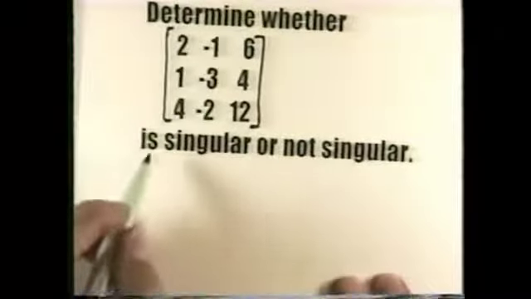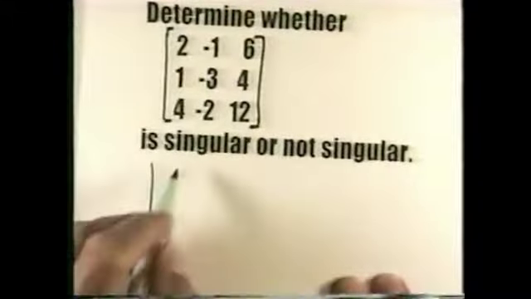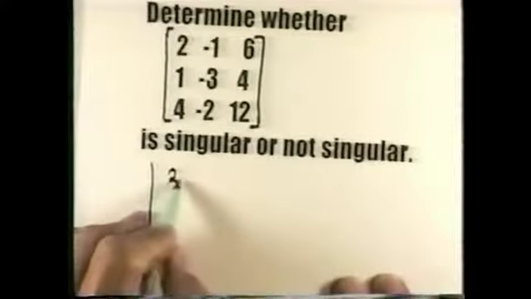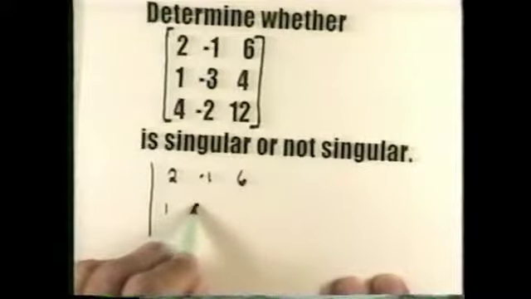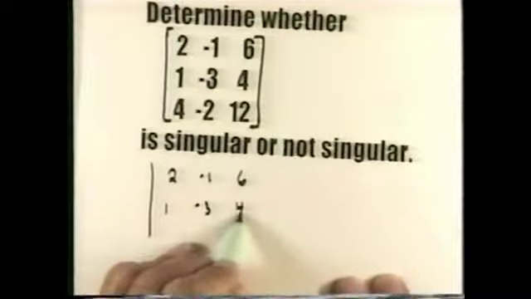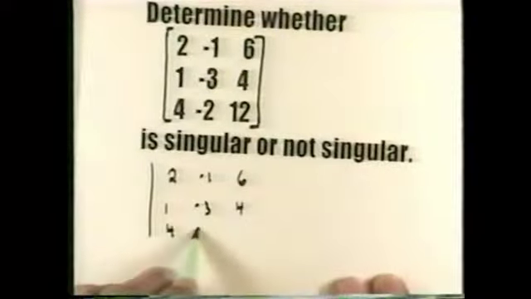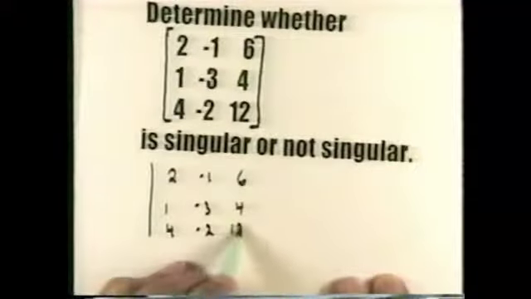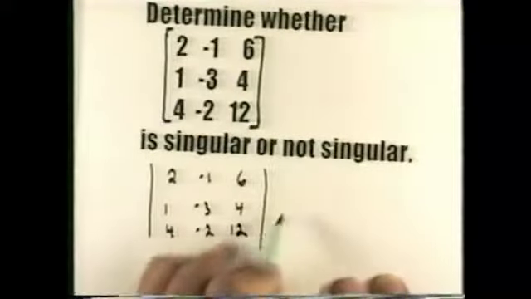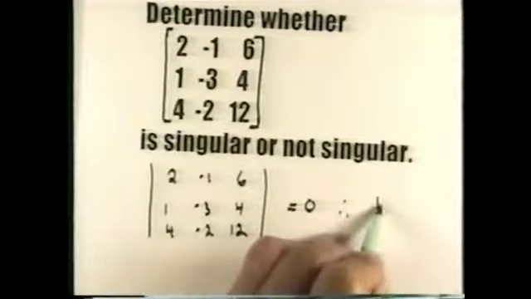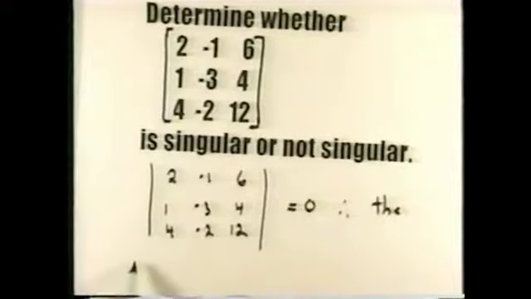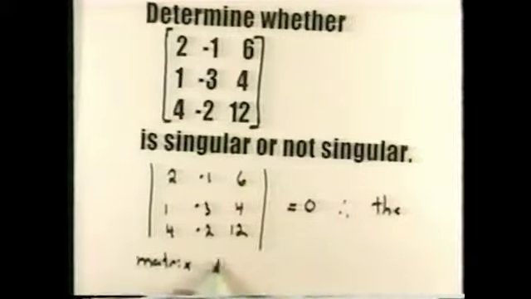Well, the property I proved for you is if the determinant of this matrix is equal to 0, then the matrix is singular.